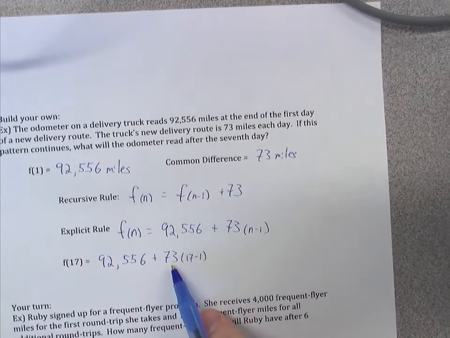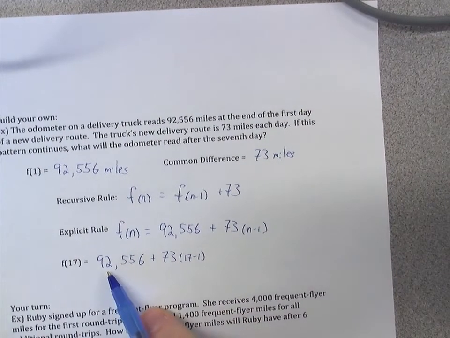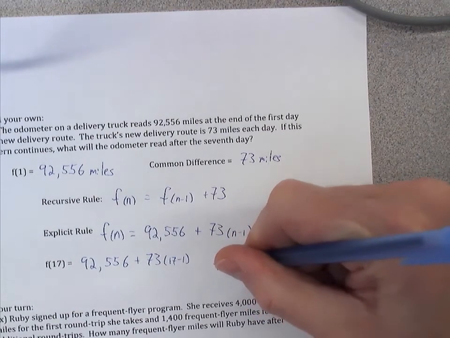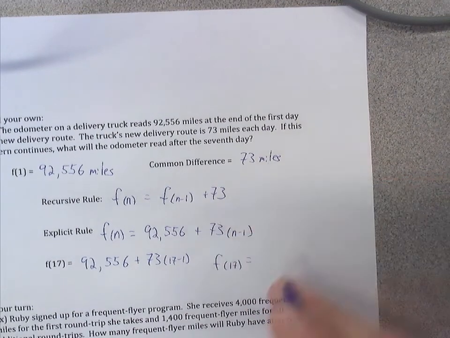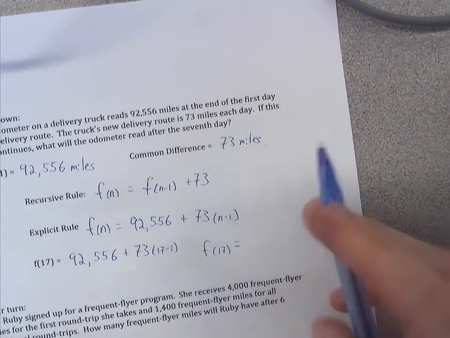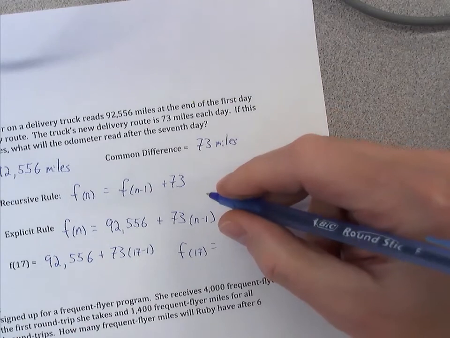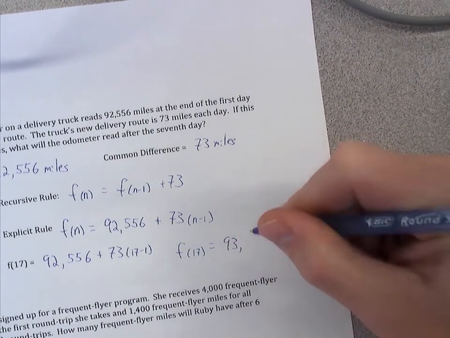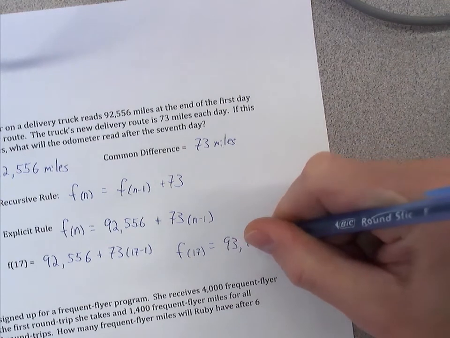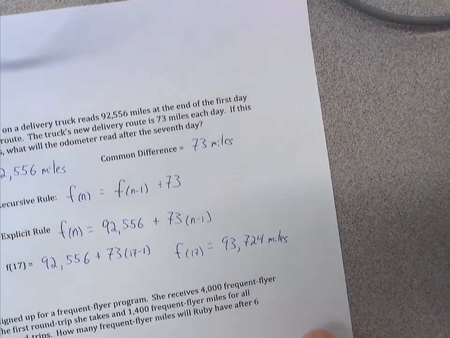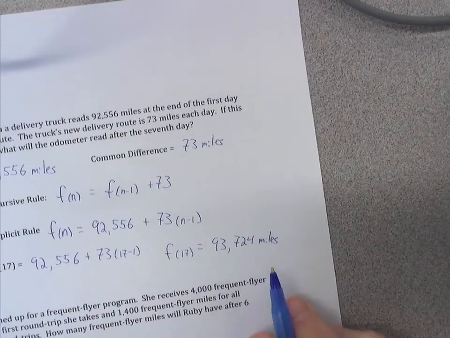Take 16 times 73, add that to 92,556, and what we find is that if n is equal to 17, then the function of n is going to equal 93,724 miles. Okay, so that's what that's telling us. All right.